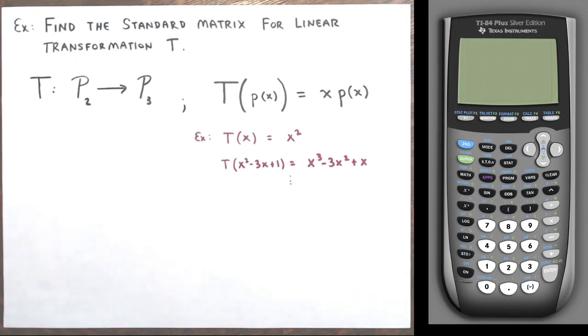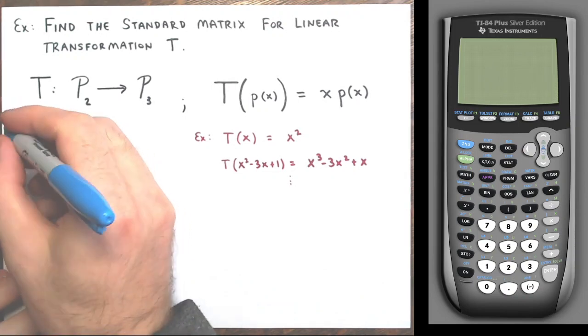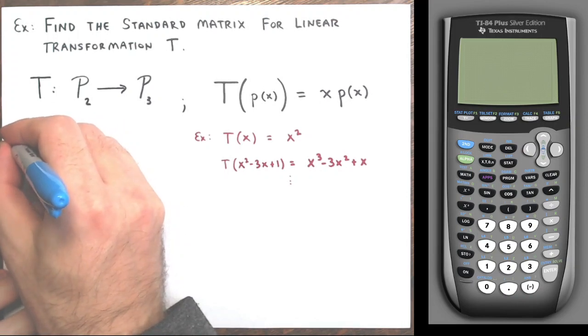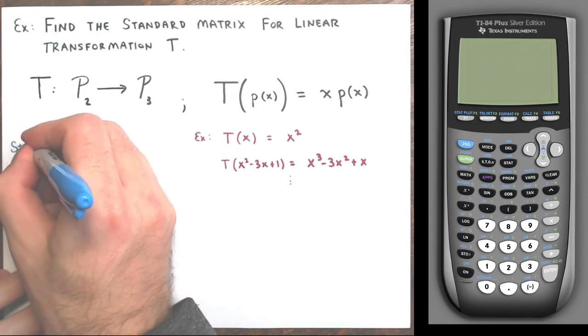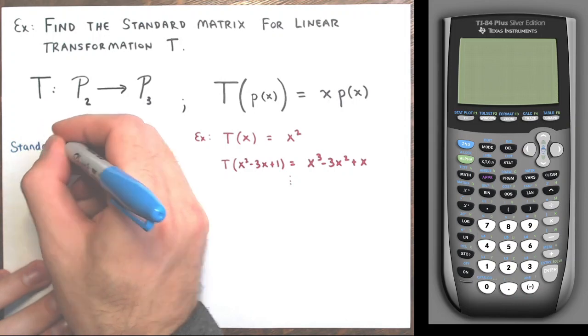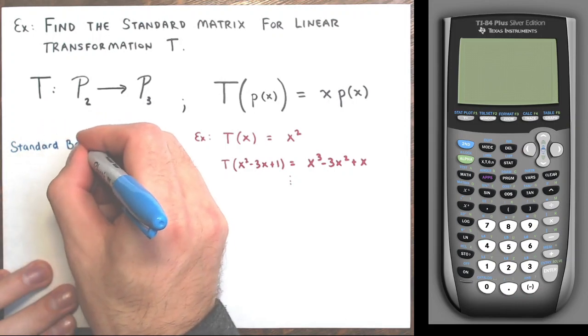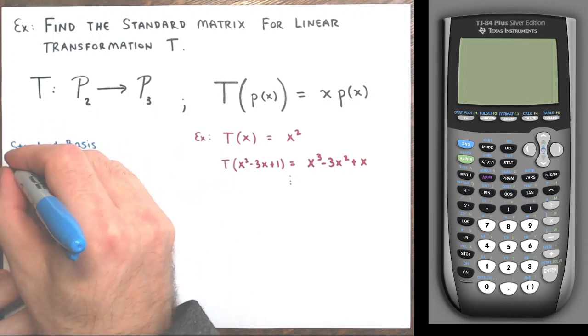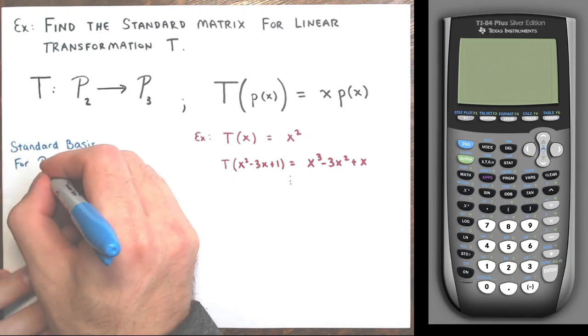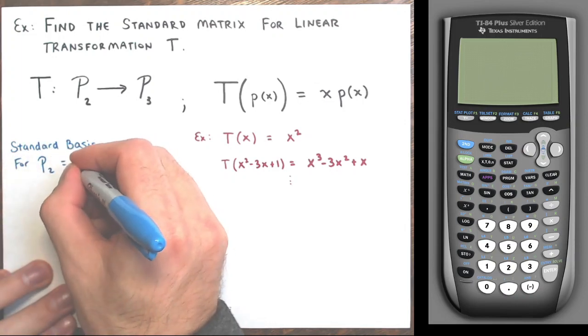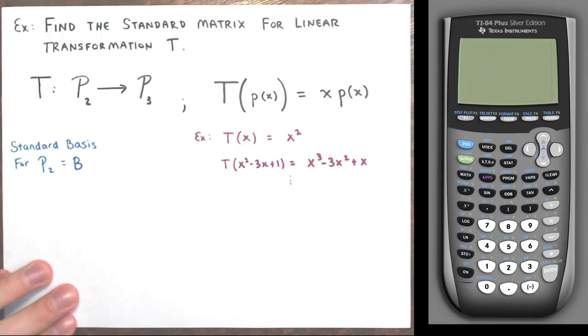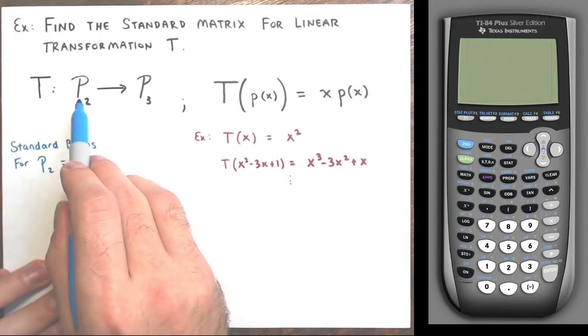So what are the standard bases for P2 and P3? Now this has come up in a previous video. I'm just going to write it down here. So the standard basis for P2. Again, I'm going to call this B, like in an earlier page, the standard basis for the domain.